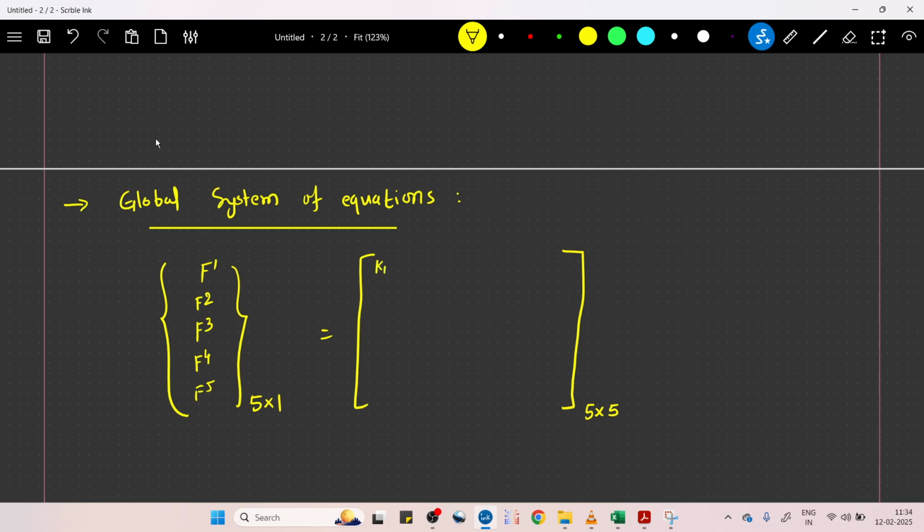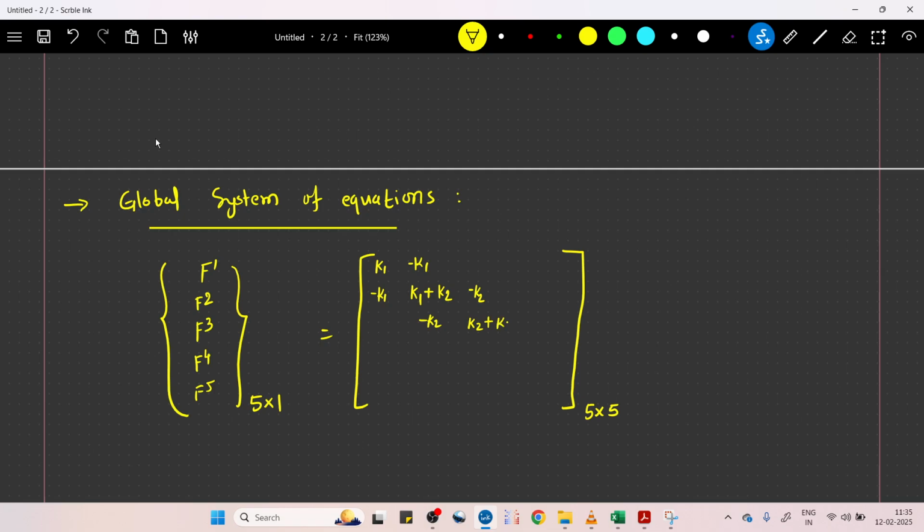So this is k1, minus k1, minus k1 and k1. Node 2 is shared between two elements, so I will say k1 plus k2, minus k2, minus k2, k2.